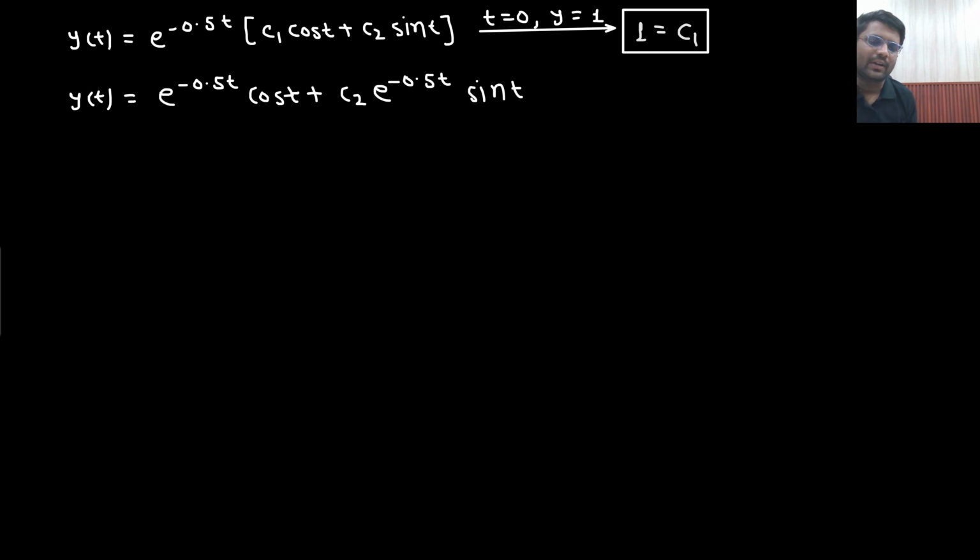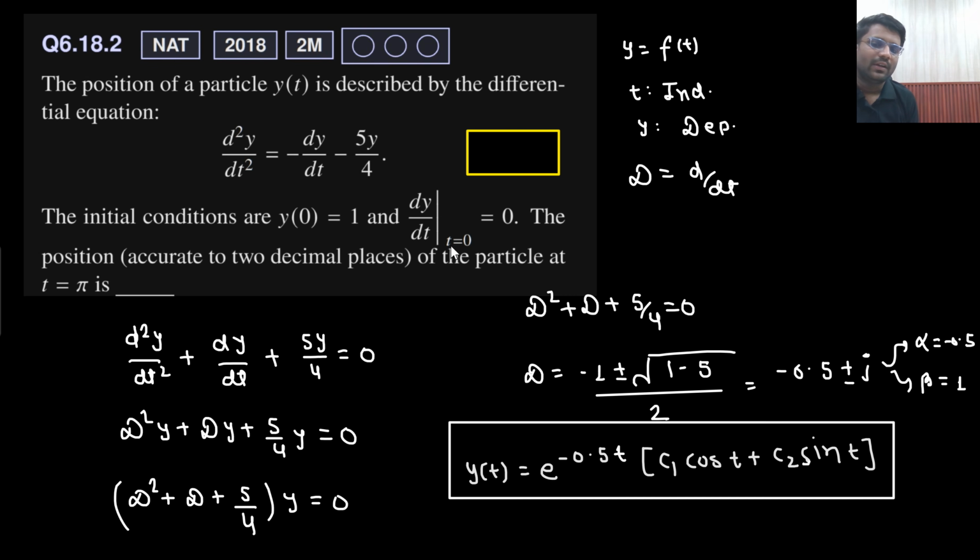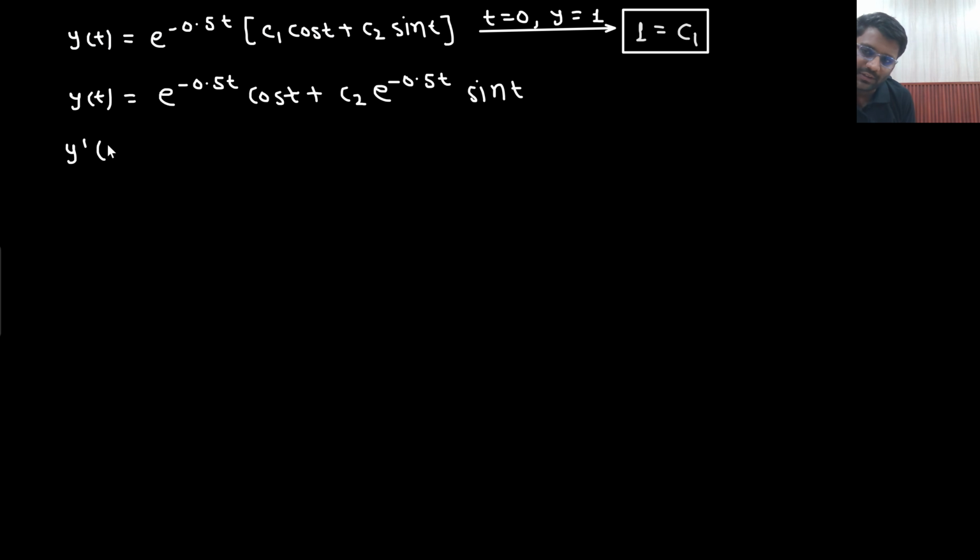This is the value of y of t you are getting. Next you need to put t equals to 0 after differentiating. So first you differentiate. When I differentiate, e to the power minus 0.5 t as it is, differentiation of cos t will be minus sin t, plus cos t as it is, then differentiation of e to the power minus 0.5 t.